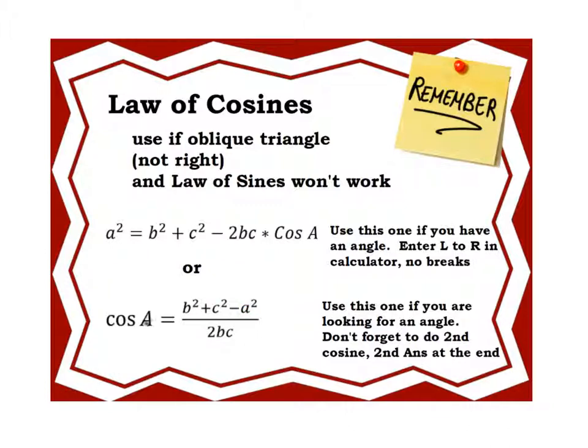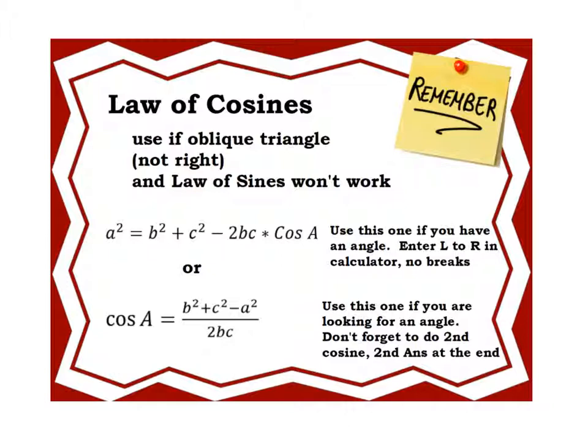See how this angle matches that side? The other two you're adding, just like you were adding them here. Then you divide by 2 times these two sides. At the end, whatever you get when you plug this into your calculator is going to equal cosine A. So you'll have to do second cosine of your answer to get that angle.